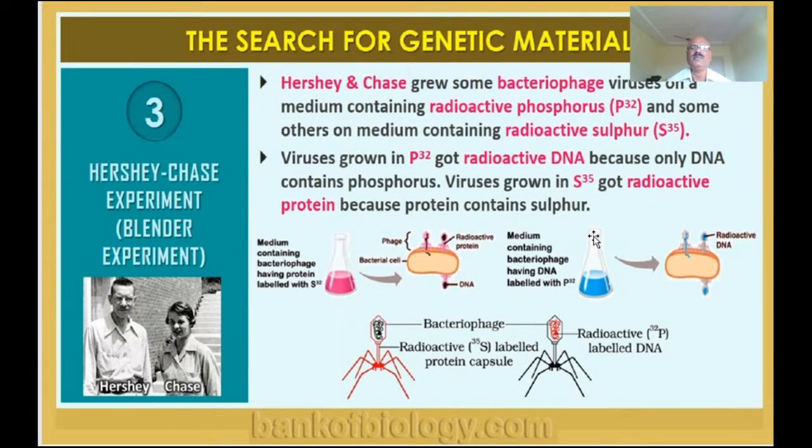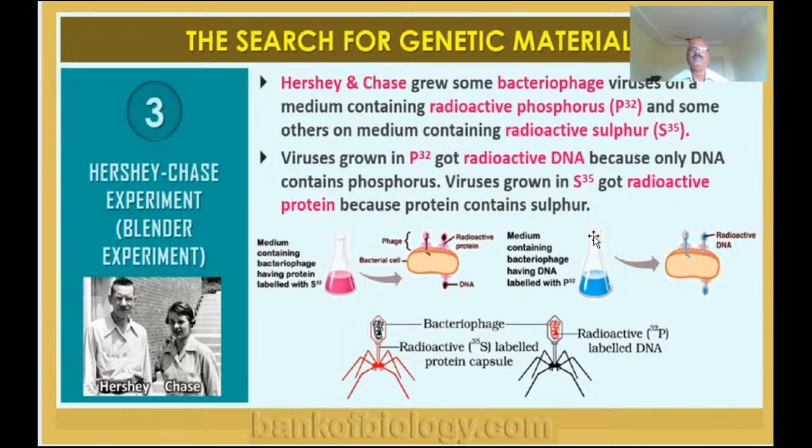Last class I explained that DNA is made up of nucleotides. A nucleotide possesses three components: nitrogen base, sugar, and phosphate. So phosphate is one of the structural elements in DNA. Sulfur is not present in DNA, but it is present in proteins because proteins are made up of amino acids.